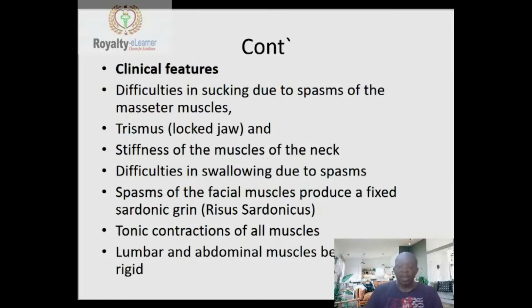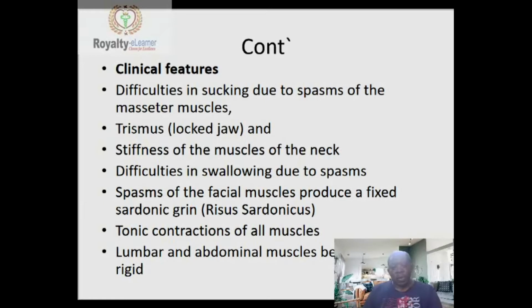Now we can look at the clinical features that are seen in neonatal tetanus. So, one of the clinical features that we can see is difficulty in sucking due to spasms of the masseter muscles. The baby is going to have difficulties in sucking.